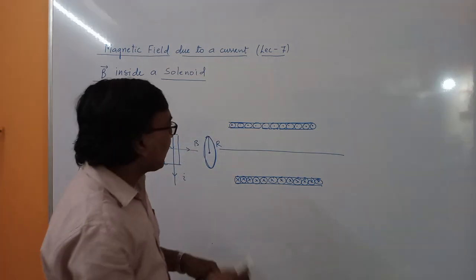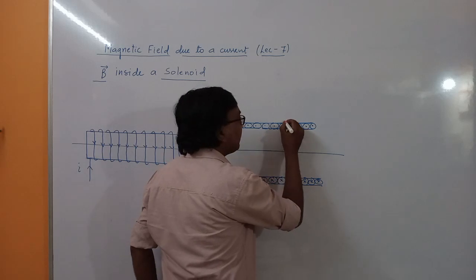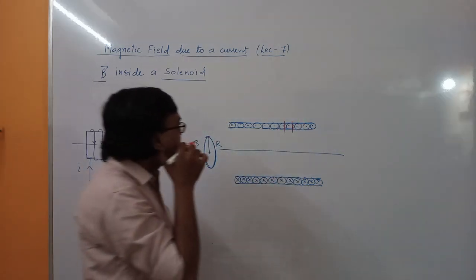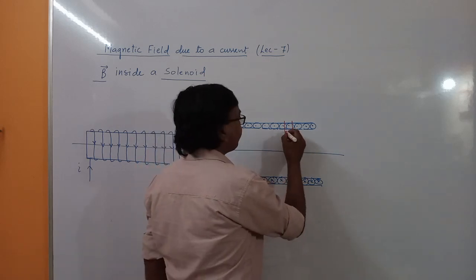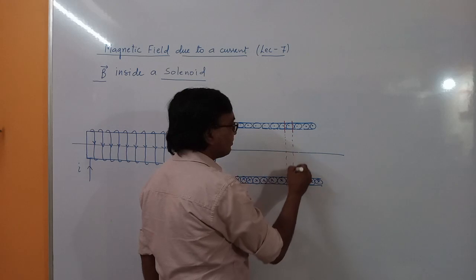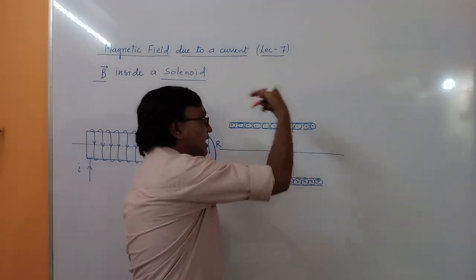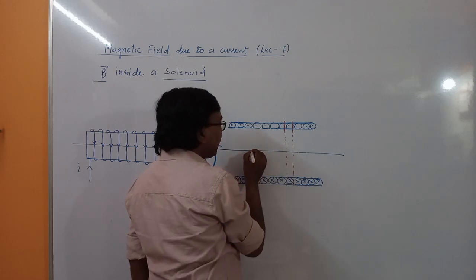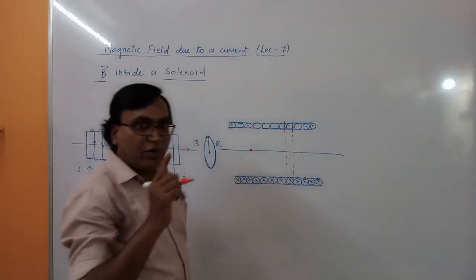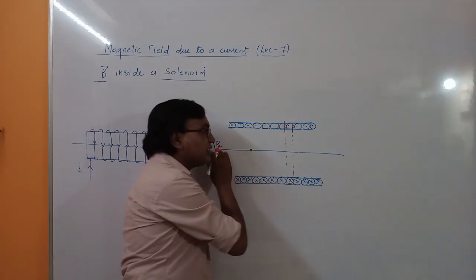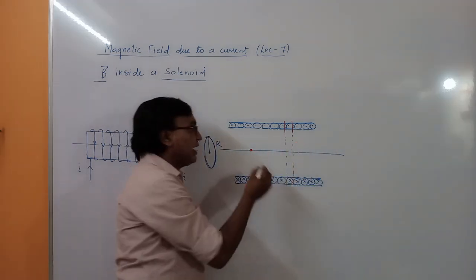Now if I take a small element here, this will be a ring. It is like this. So this is the width. Let us assume this ring, I am taking a point P. I want to find the magnetic field at a point P which is on the axis of this solenoid.